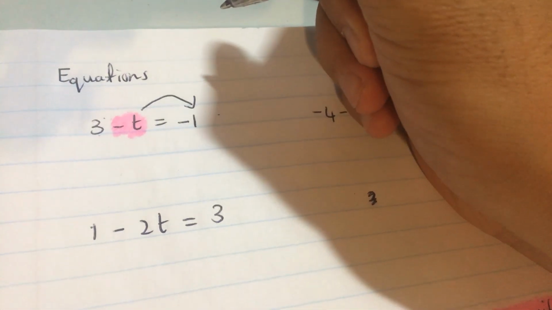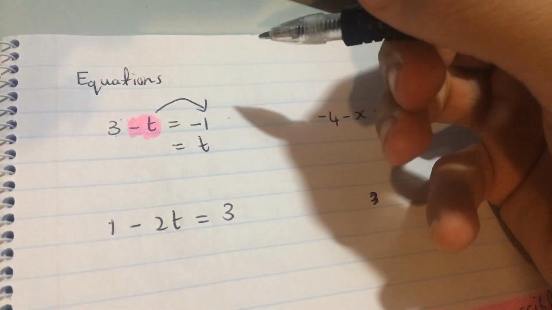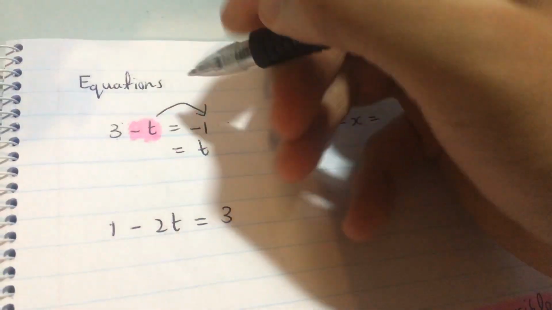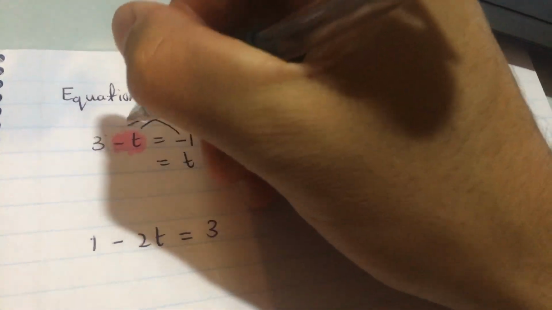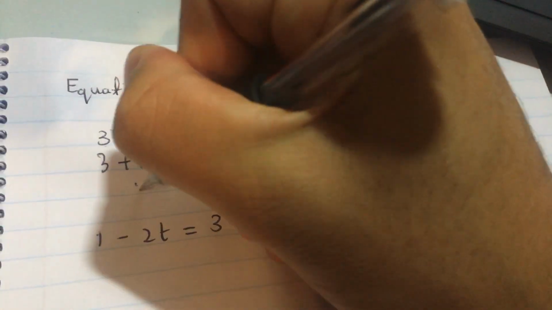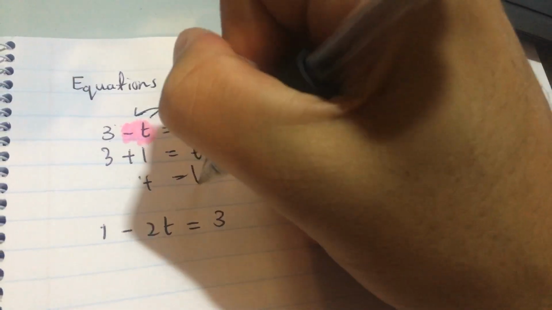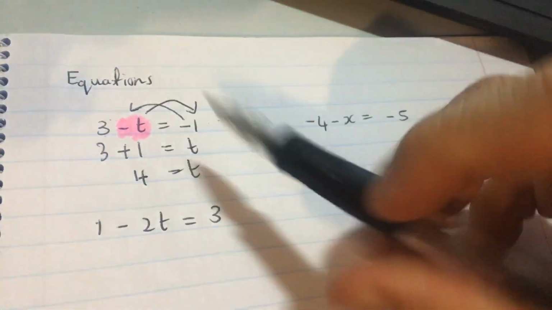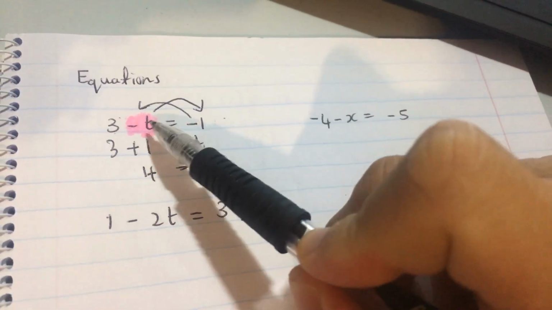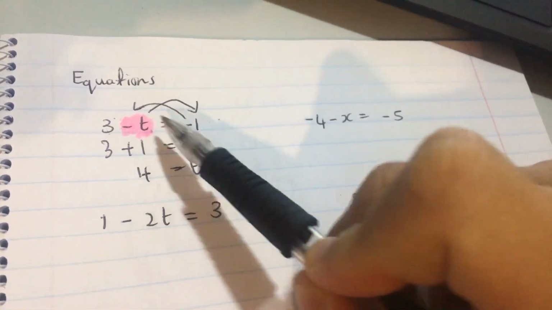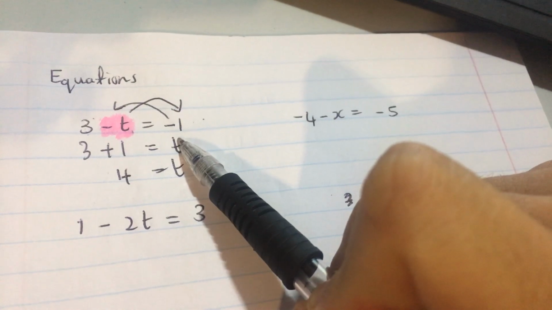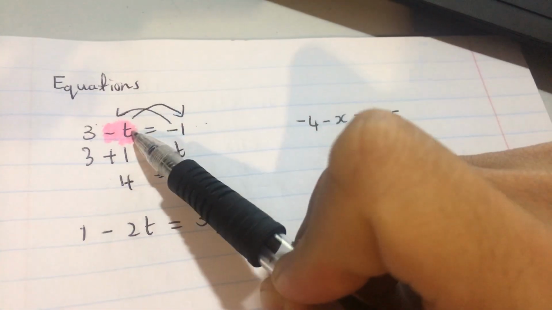So I'll rather take him over that side, because when I take him over, he'll become positive t, and when I take that -1 back over that side, it'll become 3 plus 1. And then 3 plus 1 is 4. 4 is equal to t. Let's see if it's right. 3 minus 4 will give me -1. Just put that 4 back in there, substitute it in.